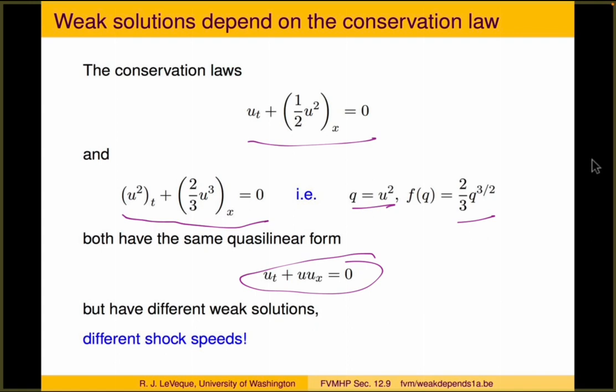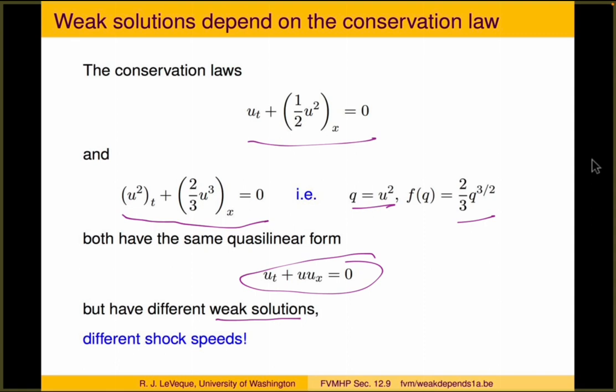But when you have shock waves, or weak solutions, as we'll call them later, when you have a discontinuity and it's not strictly satisfying the differential equation, but instead some weak form based on intervals, then these equations do not have the same shock speeds. So we have two different conservation laws here, one for the conservation of u, one for the conservation of u squared. They both have the same quasi-linear form, but they have different shock speeds.